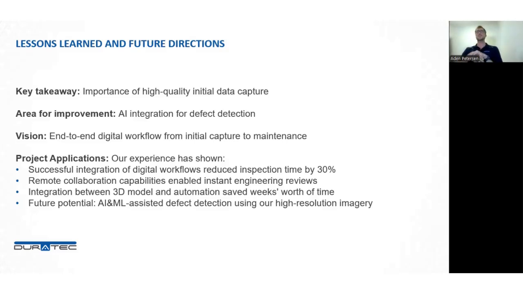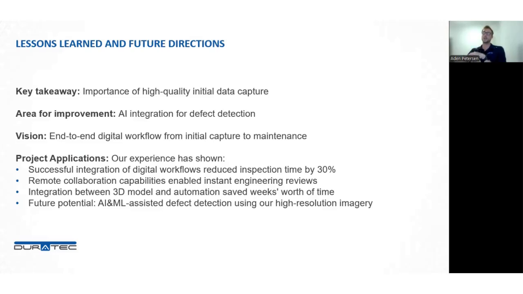Whilst the project and the heritage case study taught us some critical lessons about digital transformation, we know that high quality initial data capture is fundamental. It unlocks AI potential and ensures system effectiveness. Our hybrid approach did show that even with imperfect data, we can deliver a 30% reduction in inspection time and enable instant engineering reviews.